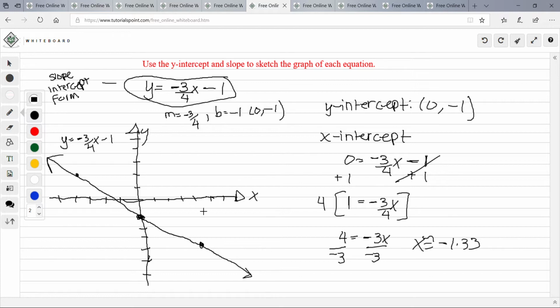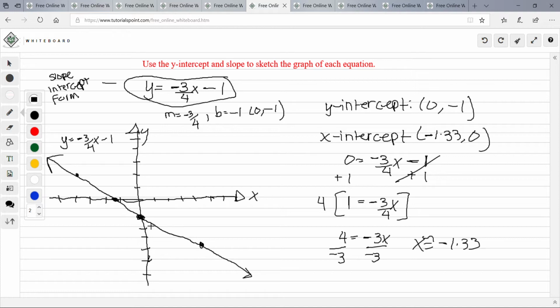So we know that the y-intercept is 0, negative 1, and our x-intercept is negative 1.33, 0. So here's negative 1, so 1.33 should be right about here.